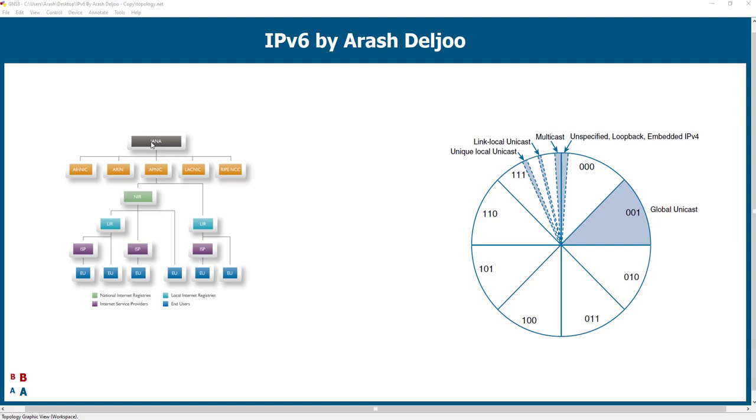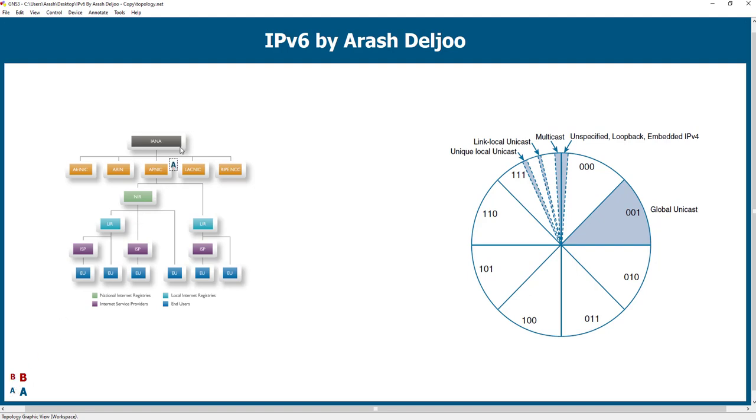And also IANA has 5 agents all over the world. For example, AFRINIC for Africa, ARIN for America, APNIC for Asia Pacific, LACNIC, and RIPE. Okay, these are the 5 IANA agents, and we call them RIR.